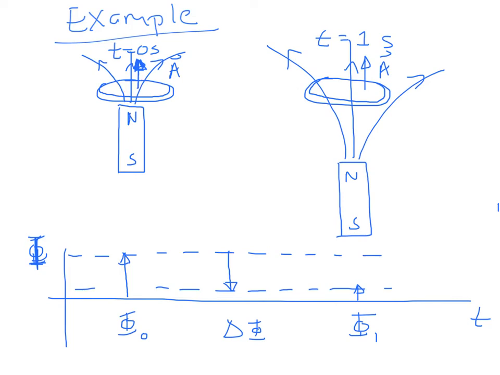To create a positive flux, it must point in the direction of A. So if we can create a magnetic field inside the loop which points in the direction of A, we will create a positive flux which counters this negative flux. Now if you use the right-hand rule, you'll see that if you put your thumb in the upward direction, your fingers will curl in this direction around the loop, that is, in a counterclockwise direction when viewed from above. Okay?